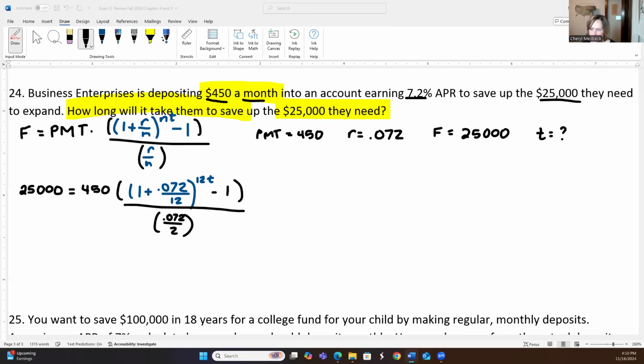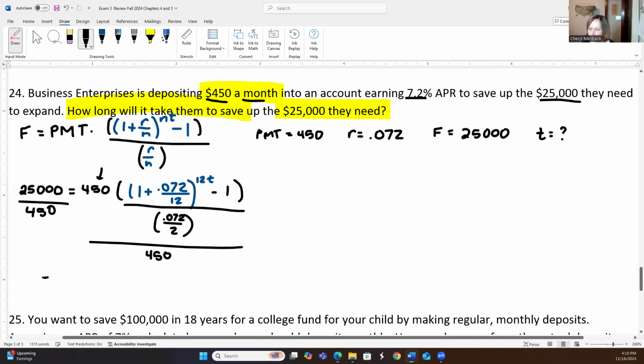Here we have the equation set up, but we need to solve it. One thing we could do is divide by 450, and that would get rid of the 450 on the right side of our equation. If we do that, let's see what we get. I get 55 with a decimal repeating.